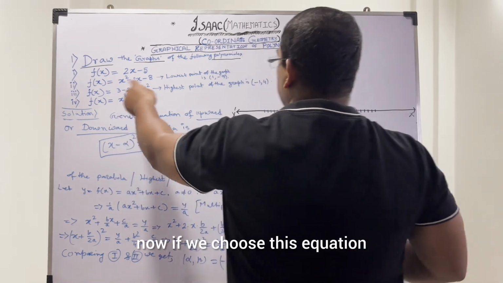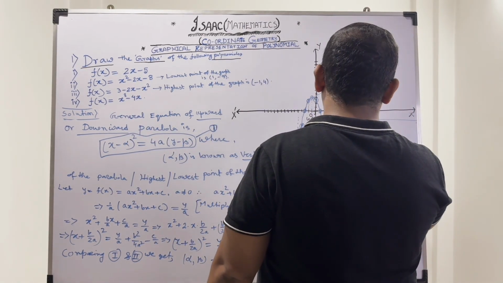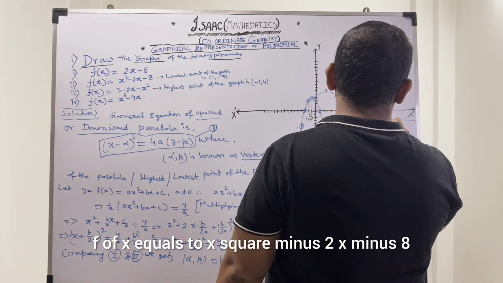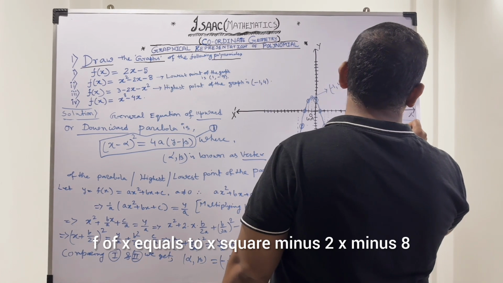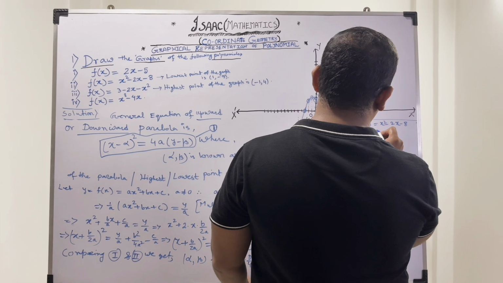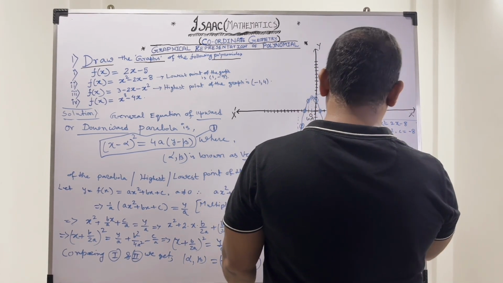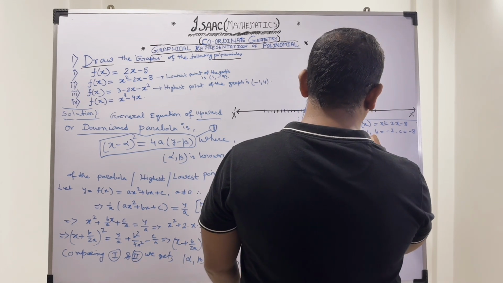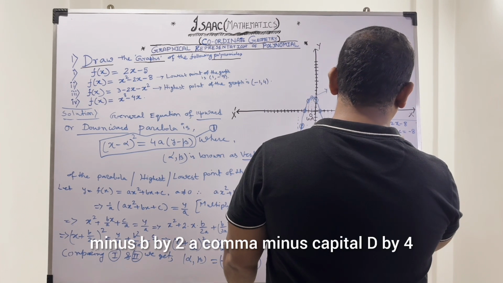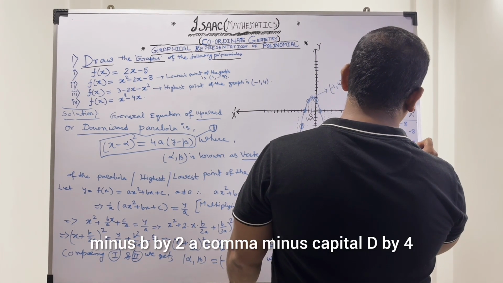So now if we choose this equation or polynomial 2, f of x equals x square minus 2x minus 8, then a is equal to 1, b equals minus 2, c equals minus 8. So alpha comma beta is equal to minus b by 2a comma minus capital D by 4a.